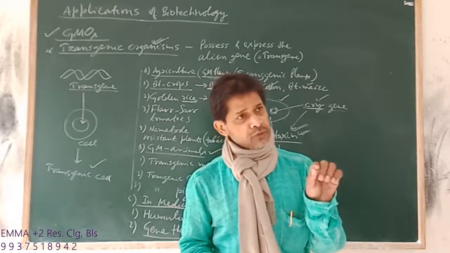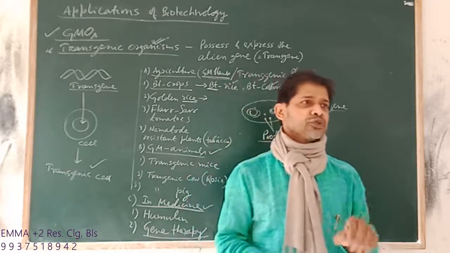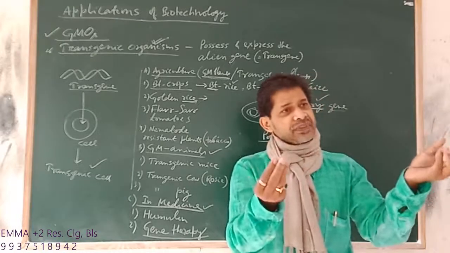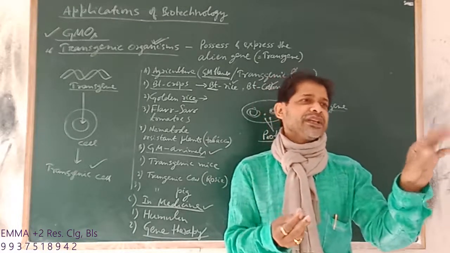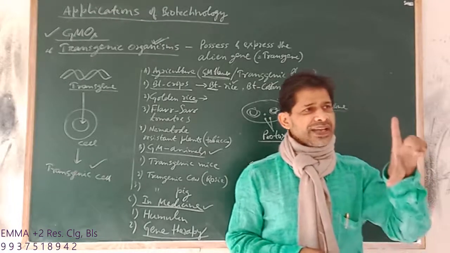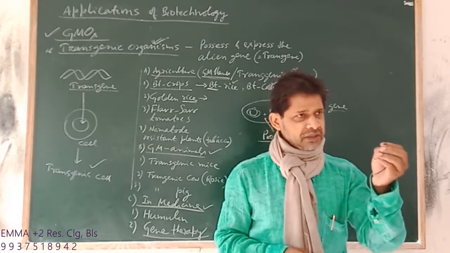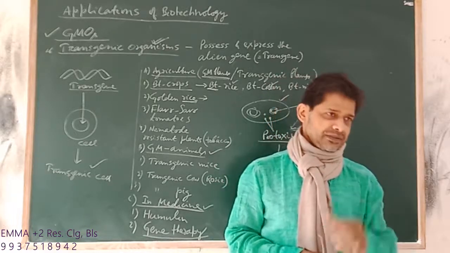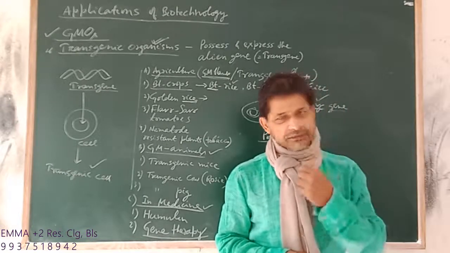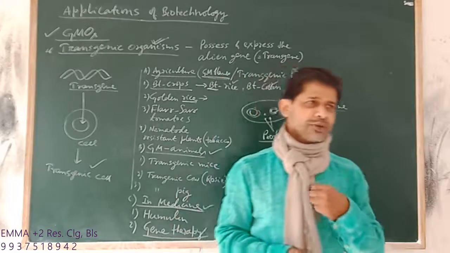Scientists thought, why not introduce a gene into the rice plant so that the rice plant produces rice that contains vitamin A. Actually, the carrot we are eating contains carotene. That carotene, after being eaten and digested, enters into liver cells.